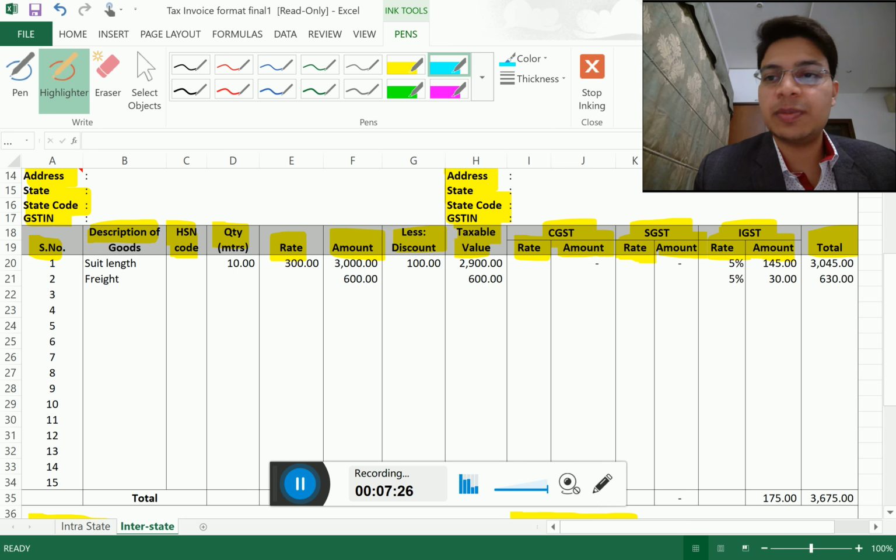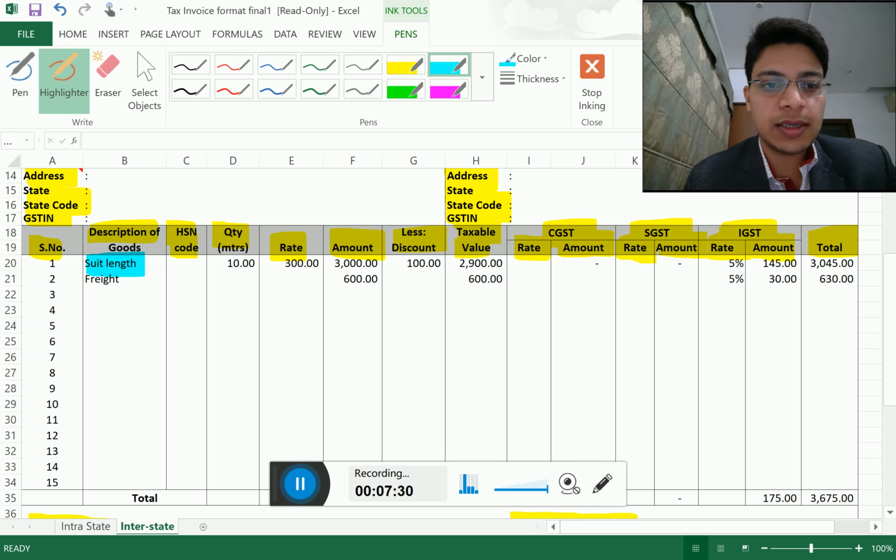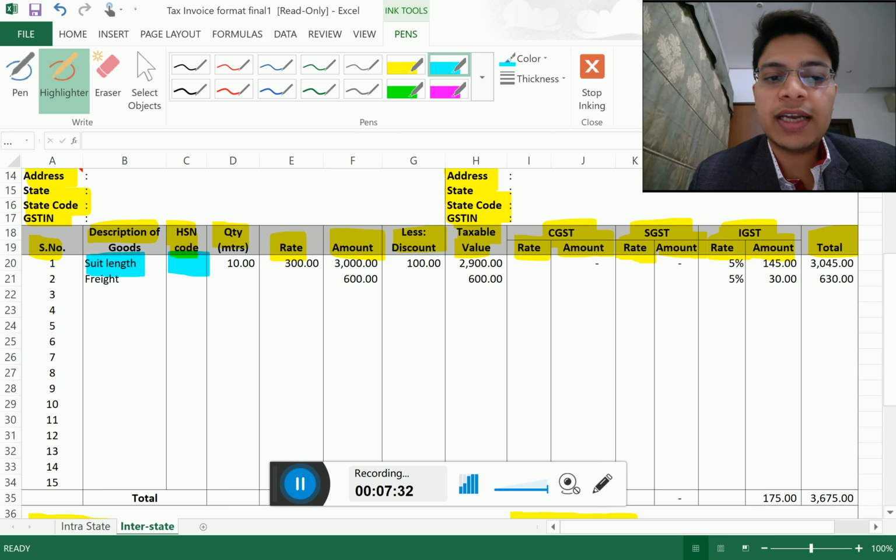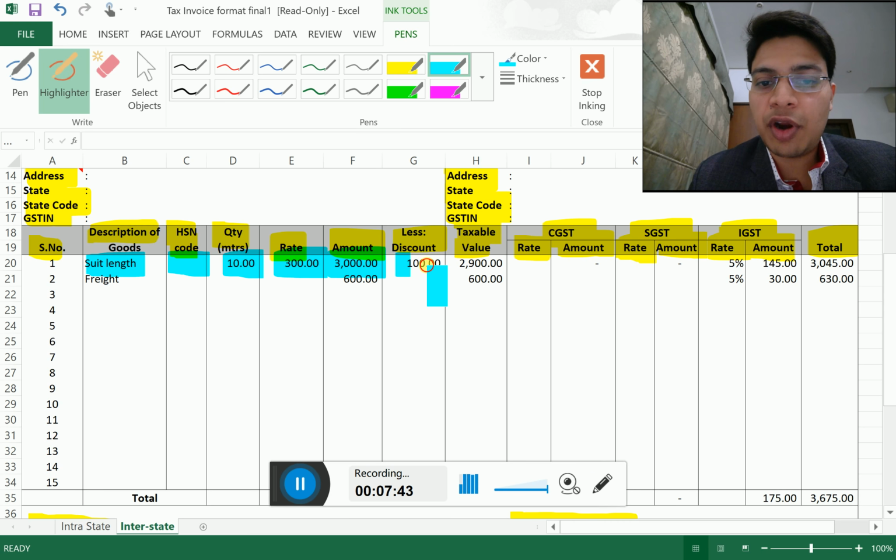So let us begin. See, you have to write the description of the goods, that is suit length. You'll have to write the HSN code of this good. You'll have to mention the quantity, the rate, the amount. If you're offering any discount, the discount must be mentioned. The taxable value must be mentioned.